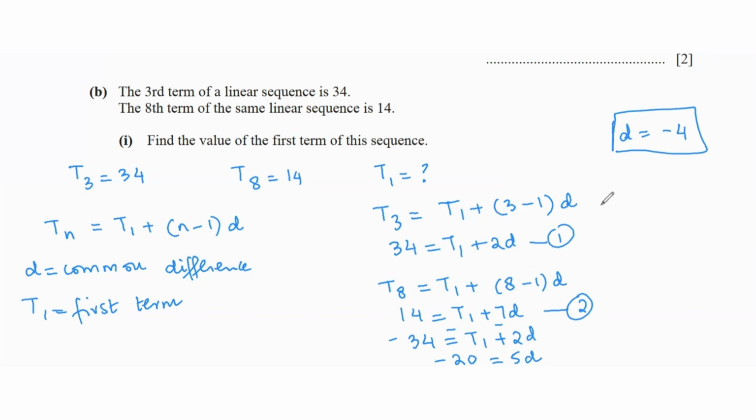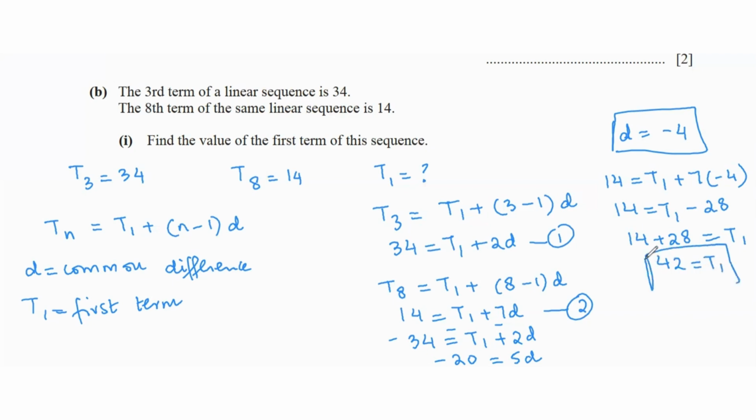I'm going to choose equation 2 because that's going to be simple to solve. So 14 equals T1 plus 7 times negative 4. 14 equals T1 minus 28. 14 plus 28 equals T1, which is going to be 42. That is your first term of the sequence.